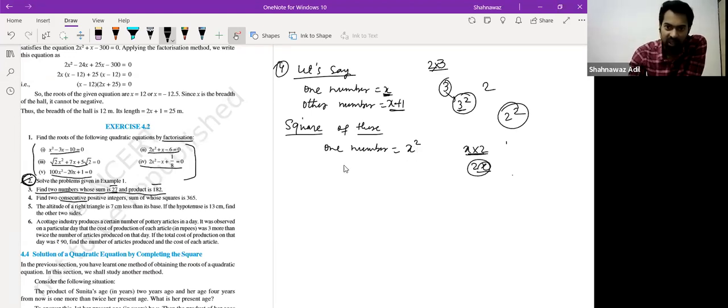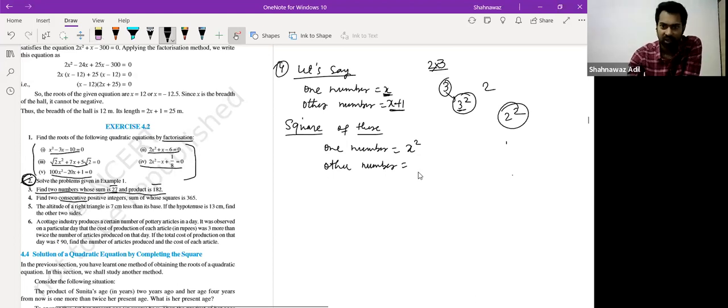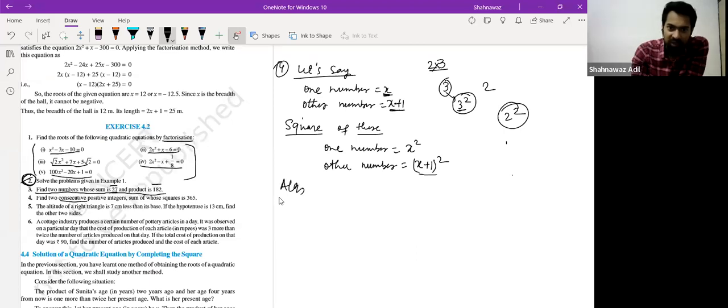Squaring the x. And what would be the other number's square? The other number is x plus 1, so its square would be x plus 1 whole square. This is the square of x plus 1, right? Now what is the given information?